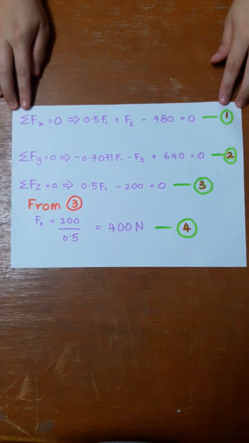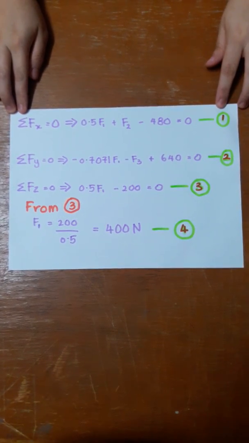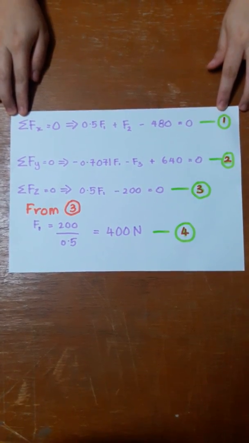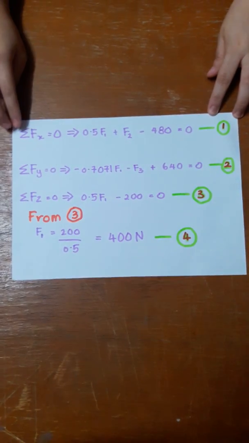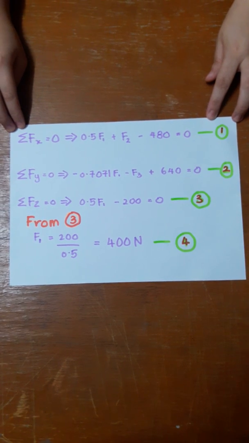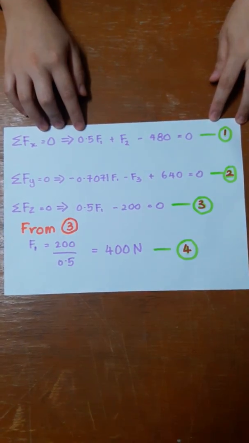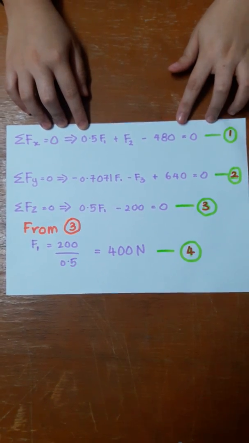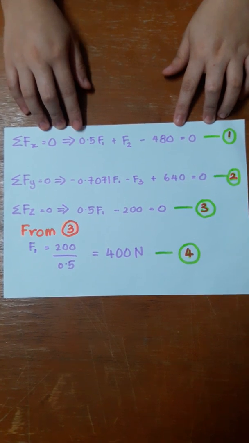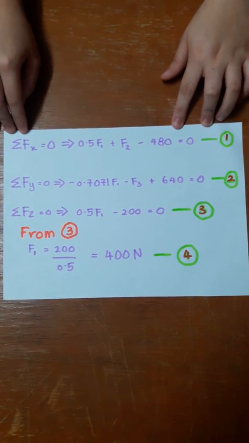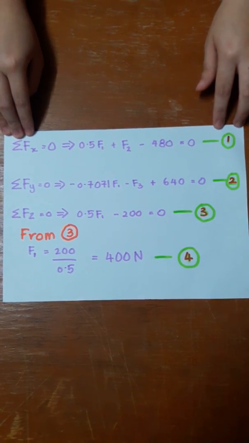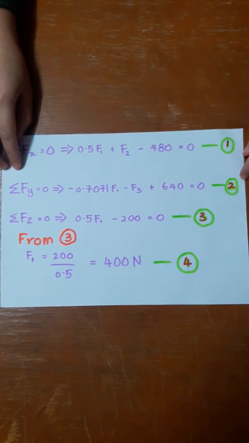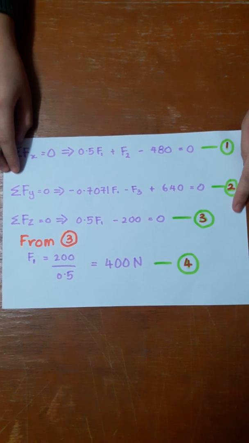Okay, so for my part, I will tell you how to solve F1, F2 and F3. The first three equations are the same as Amira said just now, except that I already turned these values into actual numbers. If you hit your calculator, you will get these values. So I label the Fx equation as equation 1, Fy as equation 2 and Fz as equation 3.